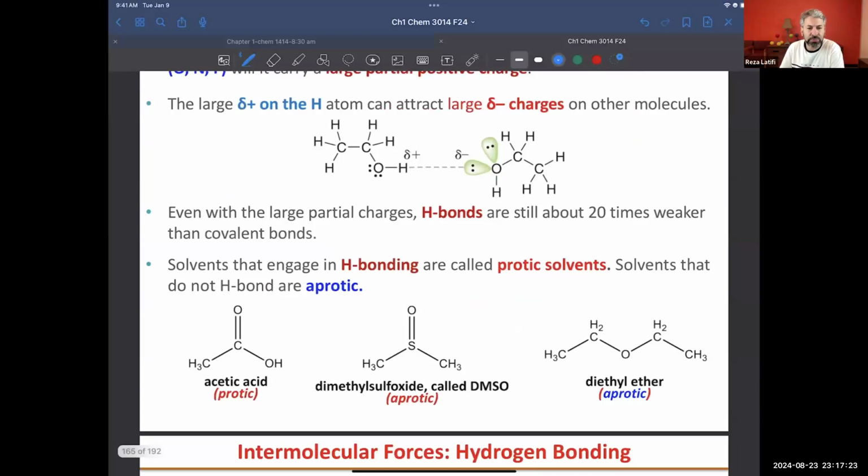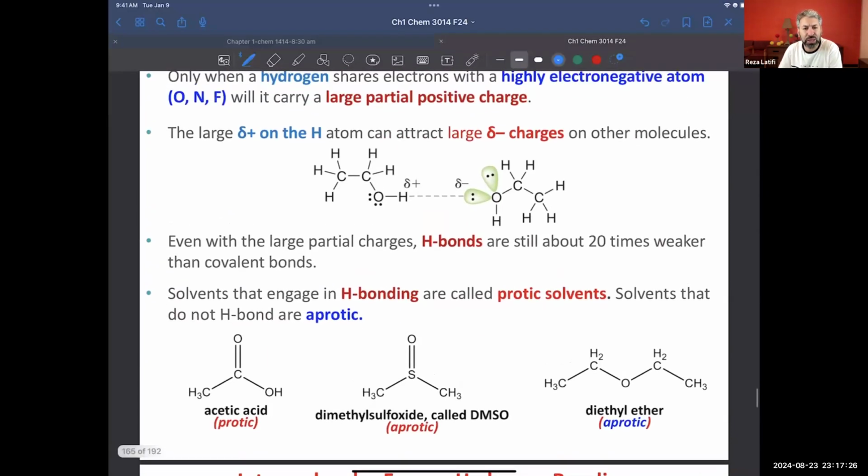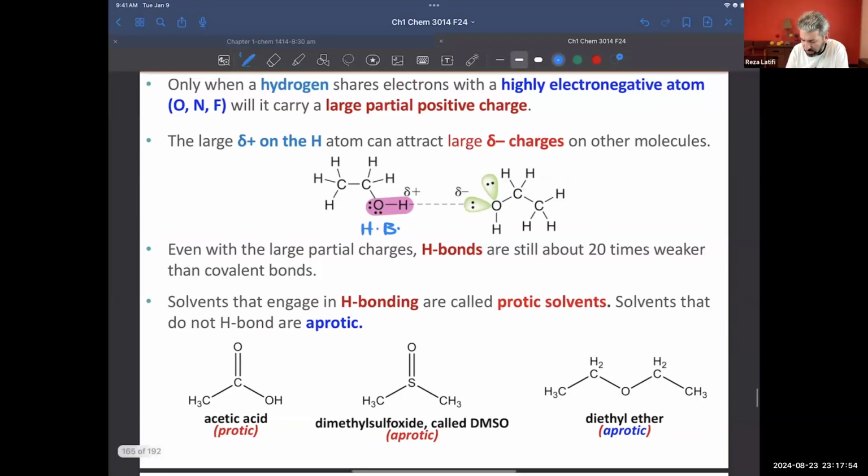In this slide, as you see, we have ethanol. Ethanol has OH. That OH can create hydrogen bonding. And as you see, we have another molecule of ethanol, and oxygen is pointing in a way that the lone pair is closer to the neighbor hydrogen atom, and this interaction will give you hydrogen bonding.